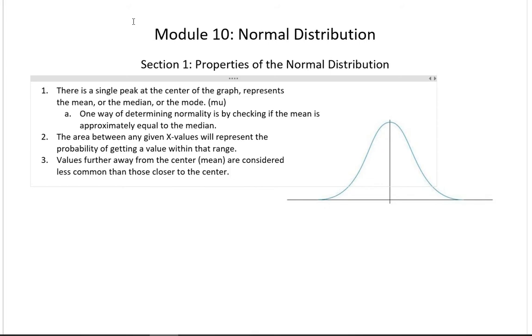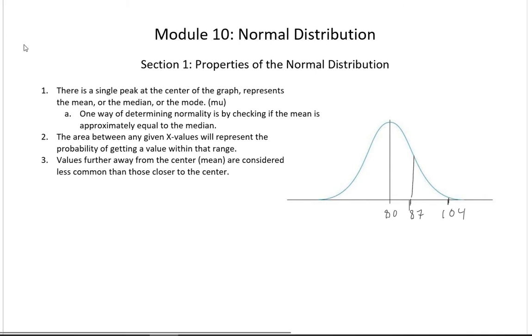But if we're considering values that are further away from the center point, maybe it's higher up or lower down. So if I get a value up here, maybe this is 104 compared to a mean of 80. Well, that value seems rather unlikely compared to maybe a number like 87. That's far more likely because the curve is a lot taller at that point. So that's what I'm talking about there.